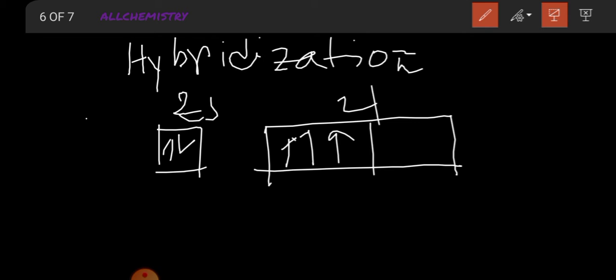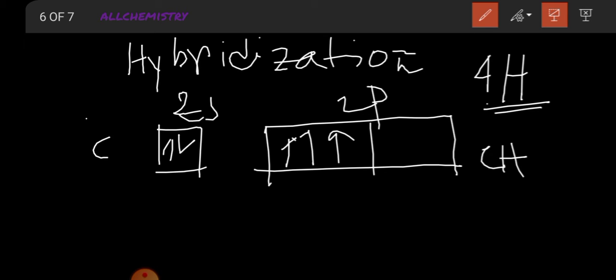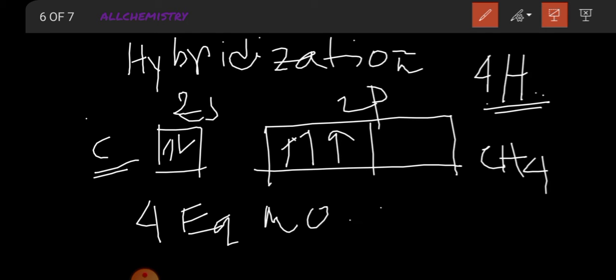Now if that carbon atom wants to attach with 4 hydrogen atoms and form CH4, we need 4 equivalent orbitals of carbon, which we don't have.